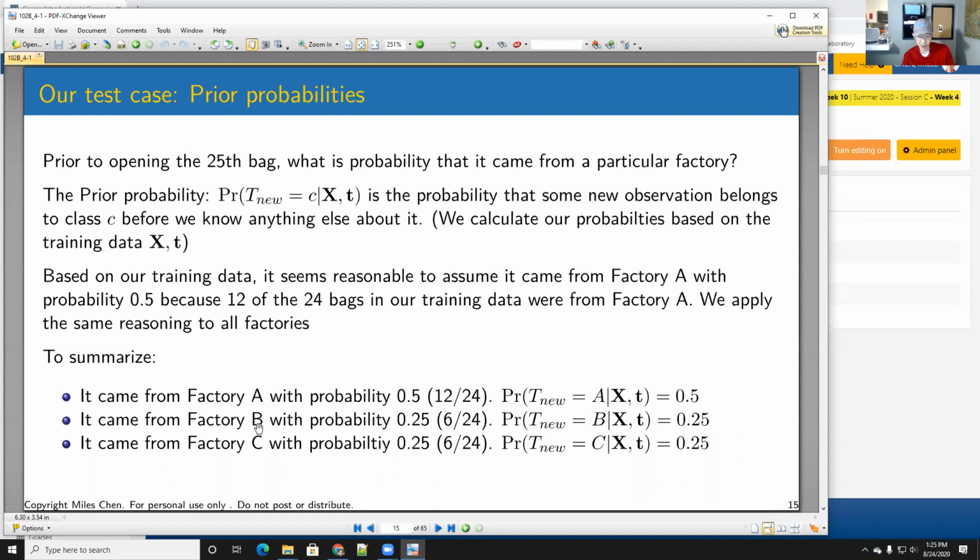Whereas 6 came from factory B and 6 came from factory C. And so our prior probabilities for factory B and factory C are 25% each. Okay, I hope that makes sense.